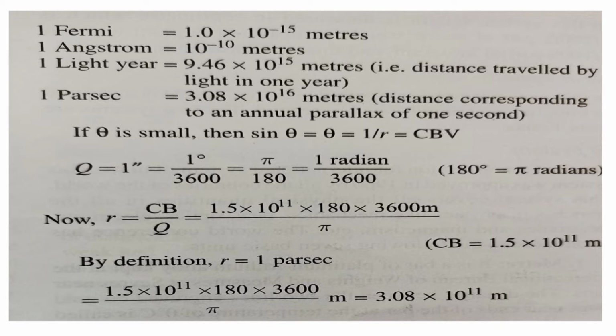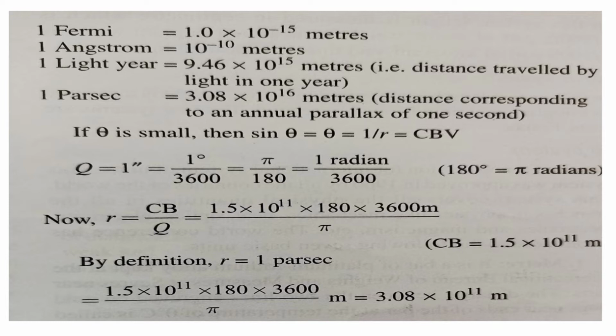If theta is small, then sin theta is equal to theta, so theta would be 1 upon r, where the base would be the distance, because theta is equal to 1 second.